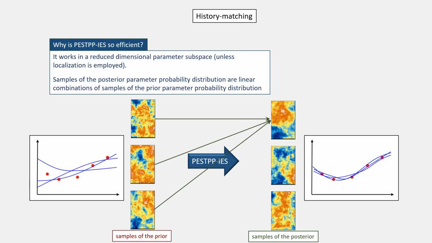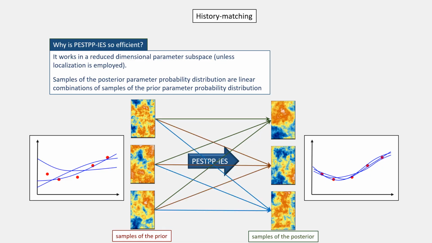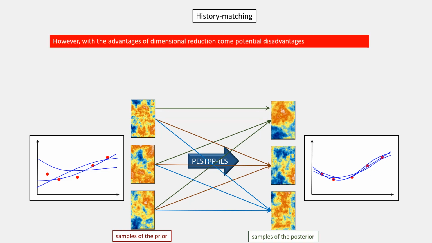But as a consequence, we can't move out of that subspace. Any one of these samples of the posterior that we end up with is a linear combination of samples of the prior. So we don't get to move out of that parameter subspace. We gain efficiency, we lose a little bit of flexibility, and that can cost us sometimes.